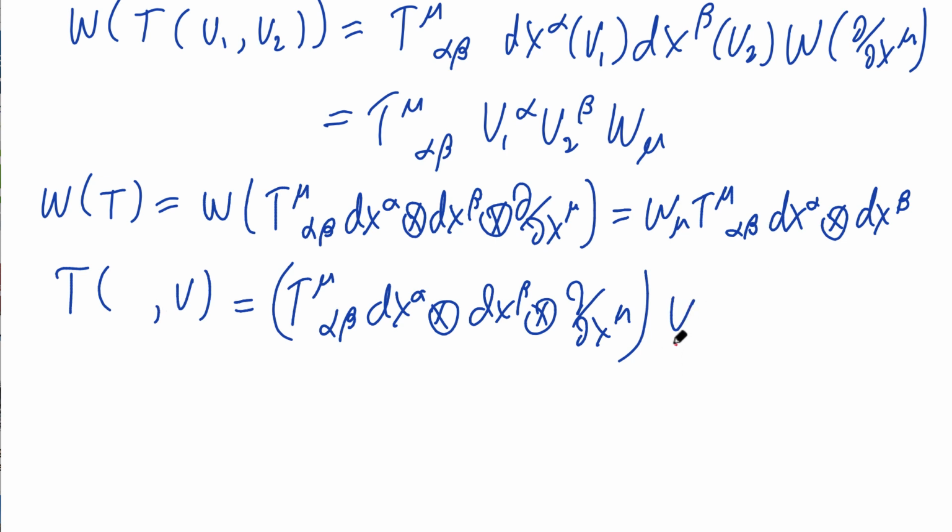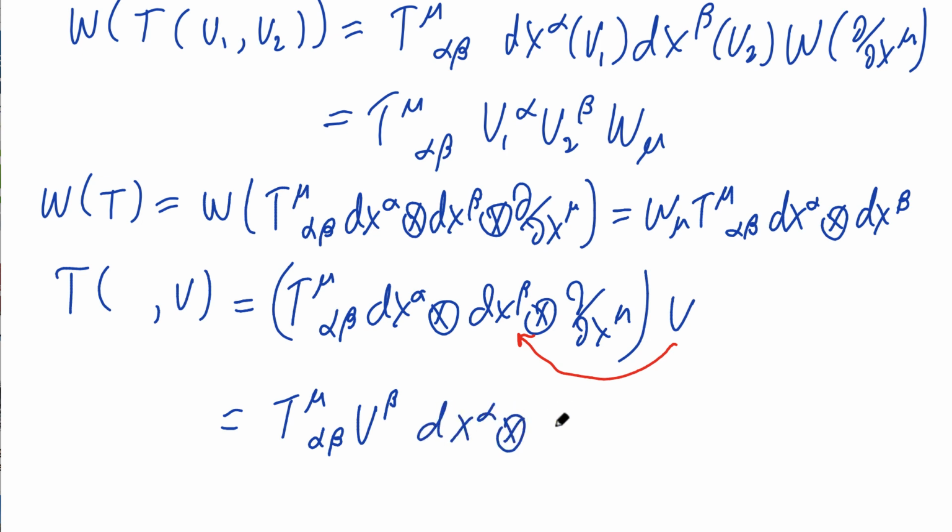So that means it's the dx beta covector that's acting on the v. So when it does so, it just gives the beta component of v. So this is equal to T mu alpha beta v beta times dx alpha tensor product d by dx mu.